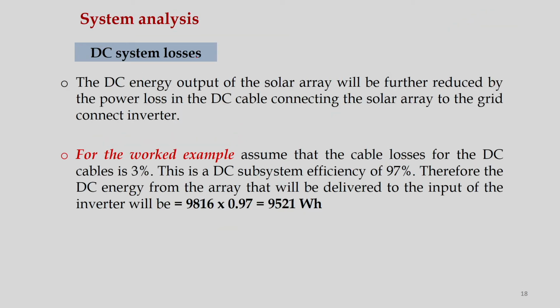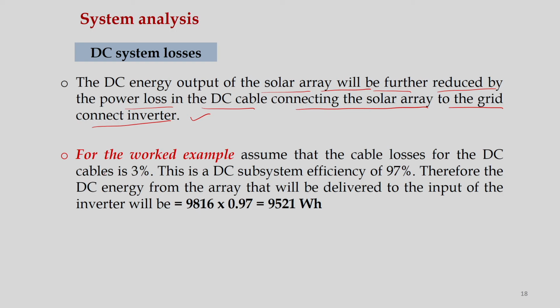Now, if we are concerned with DC system losses, then the DC energy output of the solar array will be further reduced by the power loss in the DC cable connecting the solar array to the grid connect inverter. So, this needs to be considered.